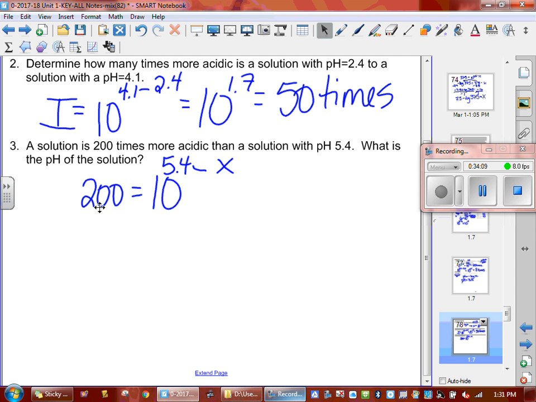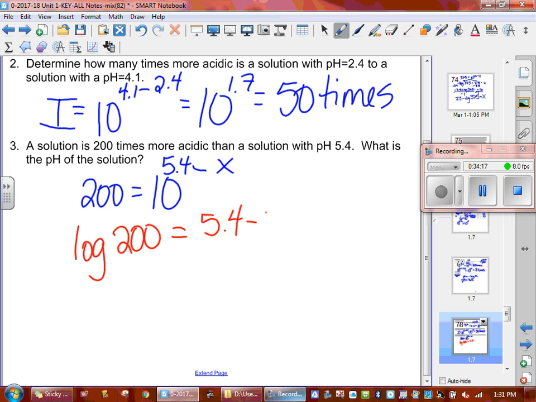What's the quick trick? What do we do at this step? X is going to switch places with the whole left-hand side. So the left-hand side is now written where x is. So x equals 5.4 subtract log 200.